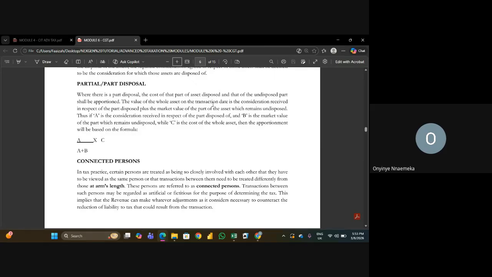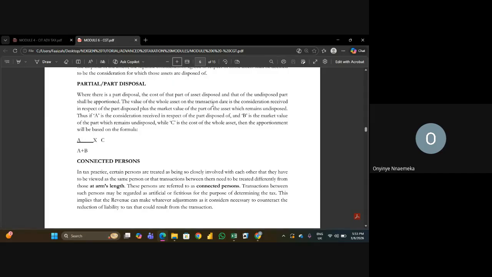Now, if A is the consideration received for the part disposed, B is the market value of the undisposed part, and C is the cost of the whole asset, then what we are trying to calculate here is the cost of the part that was disposed.